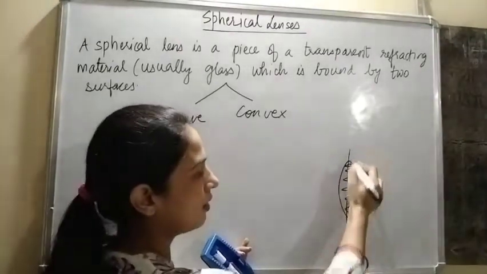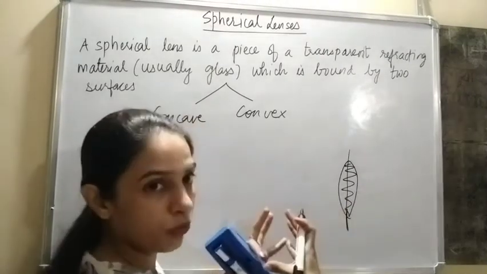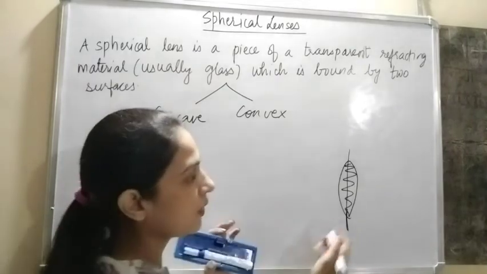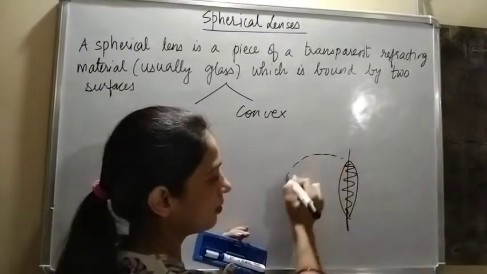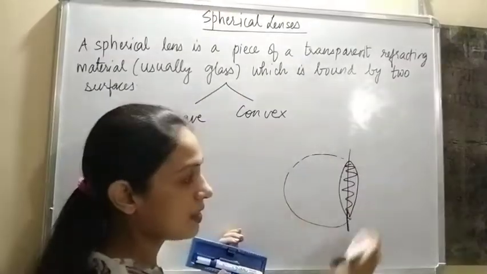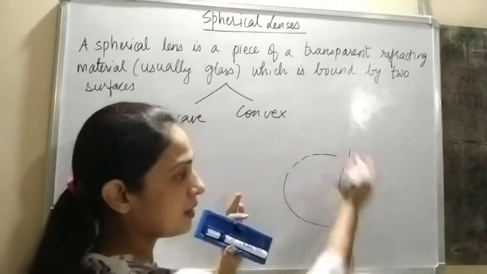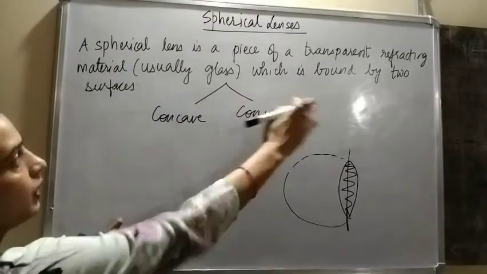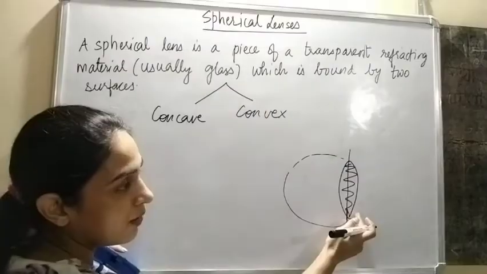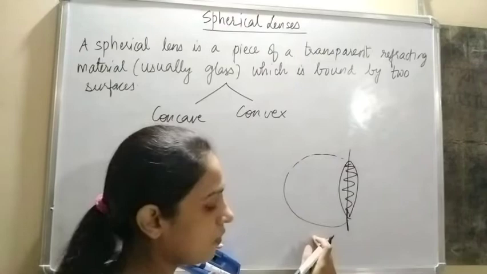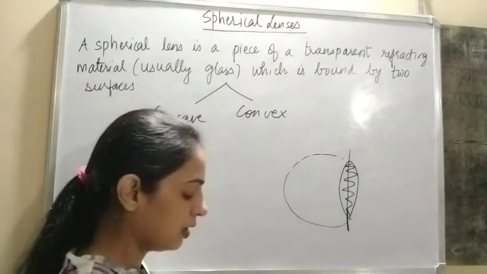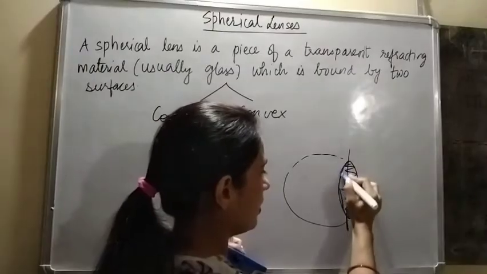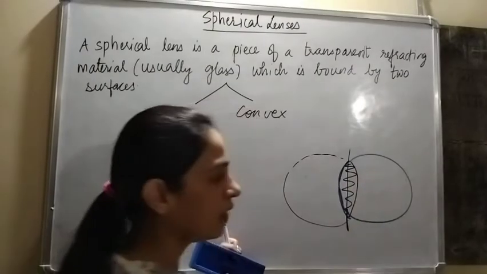It has a partition. It is made out of two parts which are stuck together. This curved surface is a part of one sphere, and the other curved surface here is a part of the other sphere.